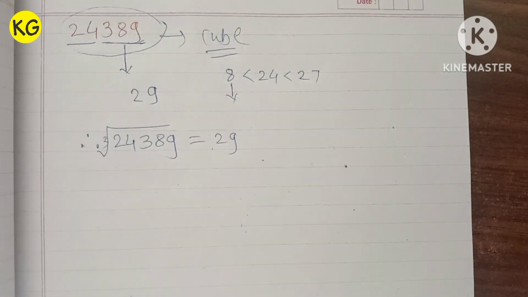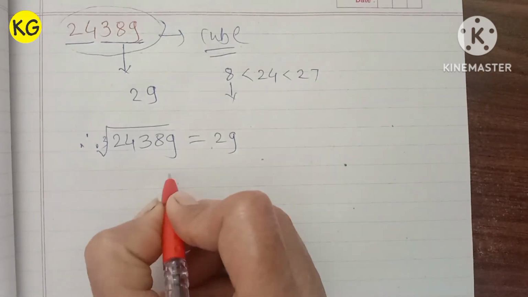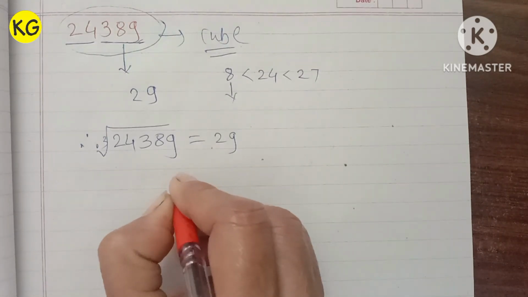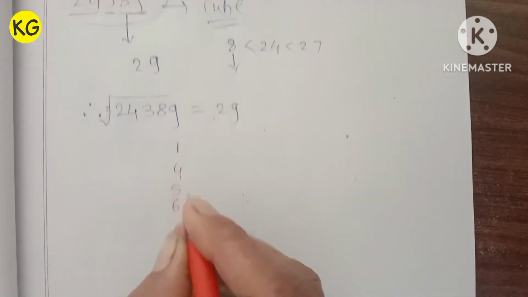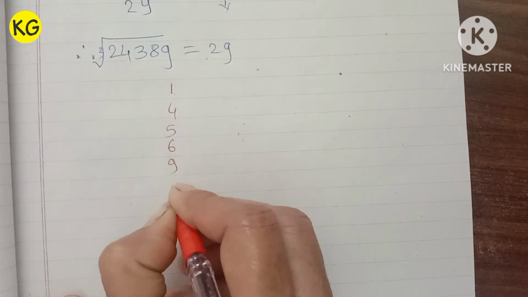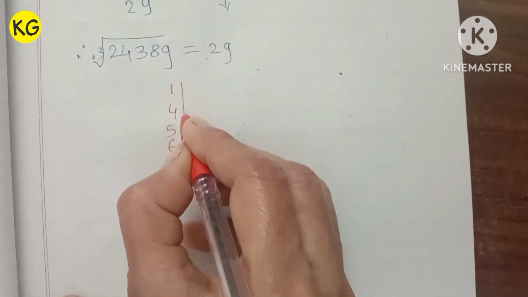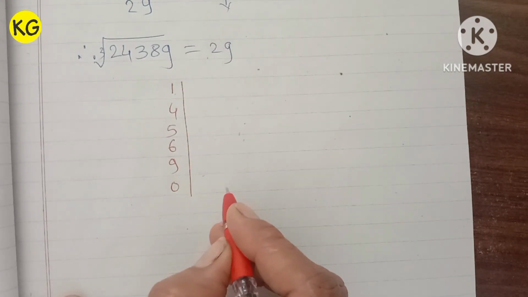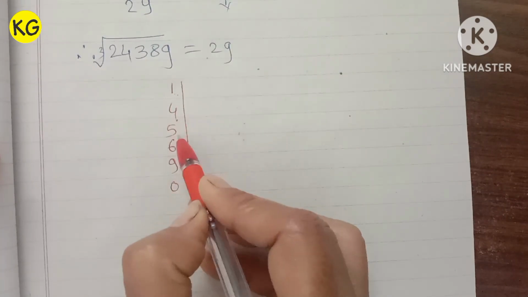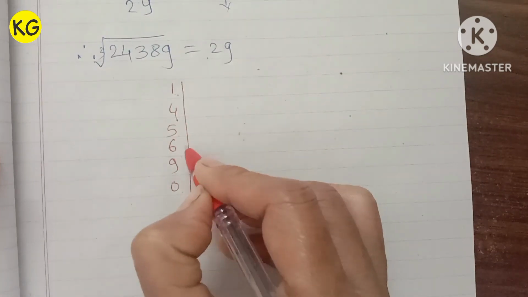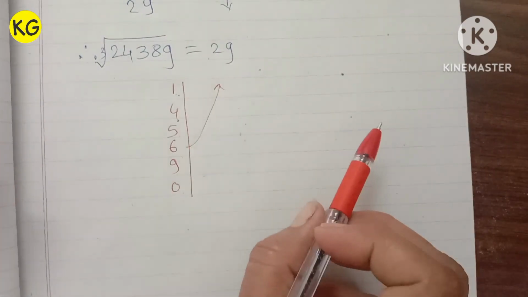In this case, we see the cube roots of numbers ending with 1, 4, 5, 6, 9 and 0. If the number has these digits at the ones place, then we can find the cube root of any number by this method.